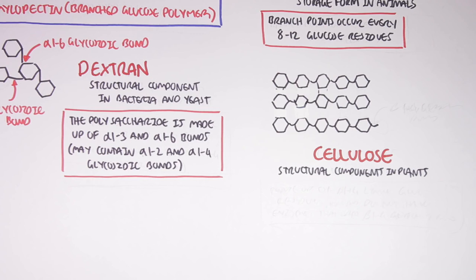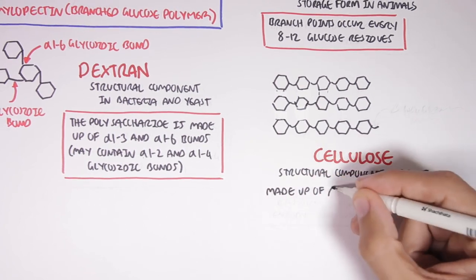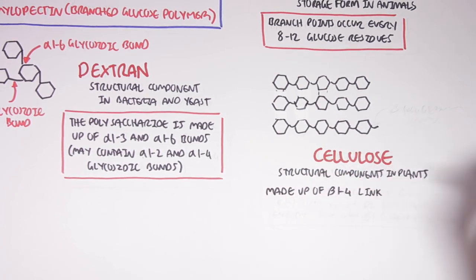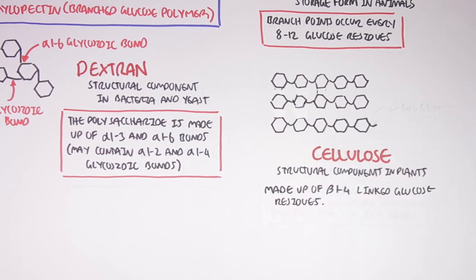In cellulose, the glucose molecules have a beta configuration. And therefore, the bonds between these glucose molecules are beta bonds. The glucose molecules are linked together by beta-1,4 glycosidic bonds.